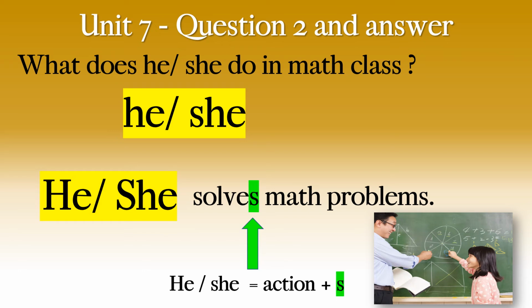This is any action, not just for Unit 7, could be any action. What other ones do we have? He eats, she sleeps, he looks, she runs. Actions with he or she must have S.